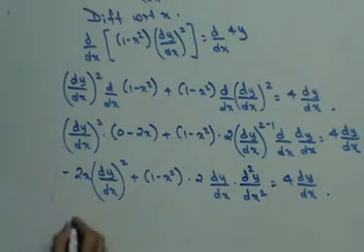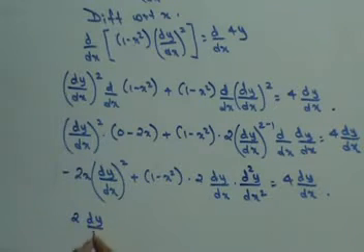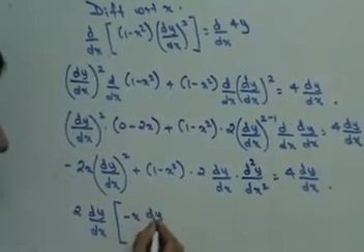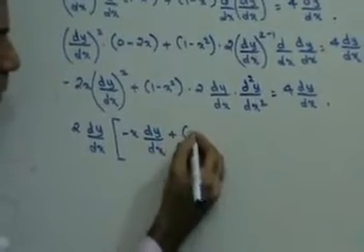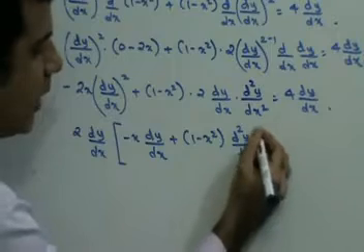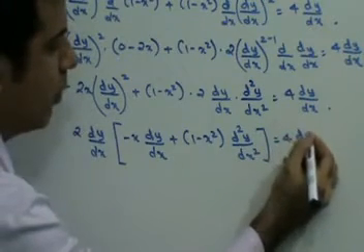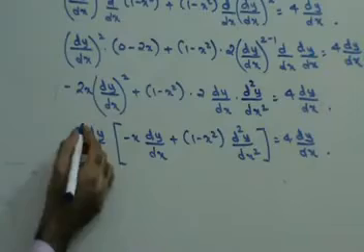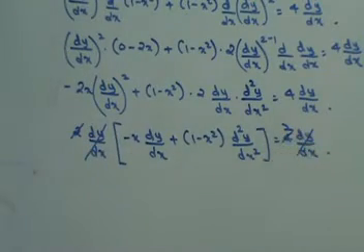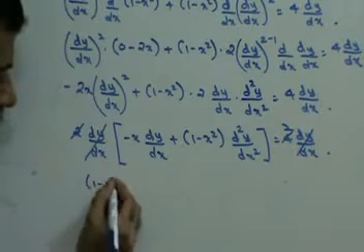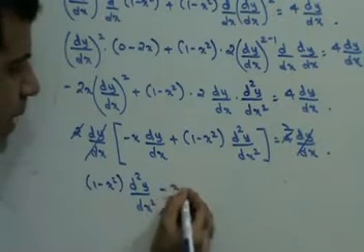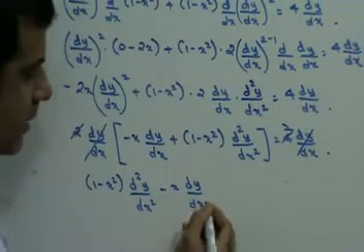Now here I could take 2 dy/dx common, in which case you will have −x remaining from here, dy/dx remaining from here, and (1 − x²) d²y/dx² is equal to 4 dy/dx. The 2s and dy/dx and dy/dx get cancelled, so you will get (1 − x²) d²y/dx² − x dy/dx.